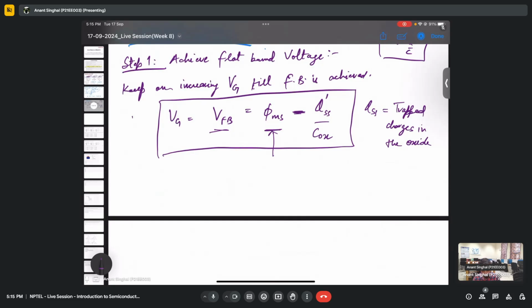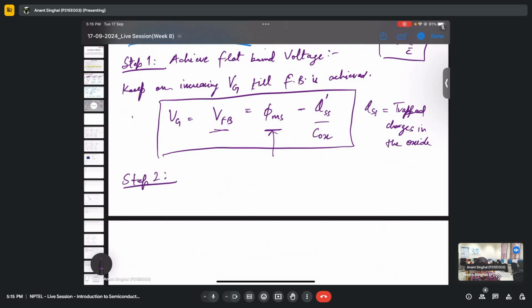Can't we have positive trap charges? Yeah, we can have. That will depend upon the sign. So if I write the mod of QSS here, then it will be positive. Okay, okay. Since in general we have negative charges in all the numericals, the intention is not to confuse you guys. That is why I'm writing the general formula.